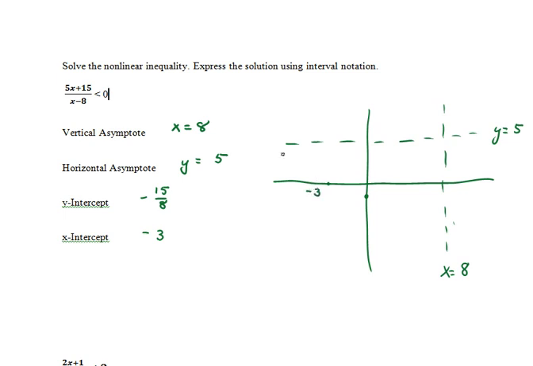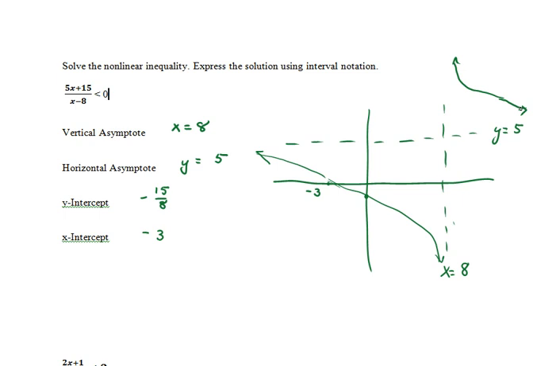The curve is going to be coming through the bottom left portion created by the intersection of the two asymptotes and the top right portion.